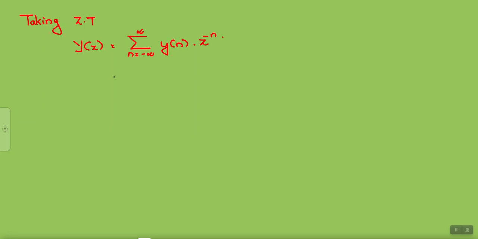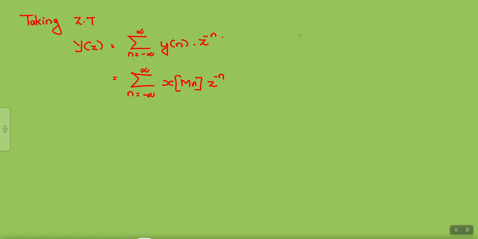Now this can be represented as summation n equal to minus infinity to plus infinity x of Mn z raised to minus n.